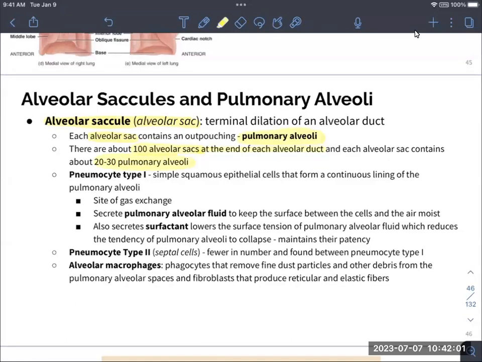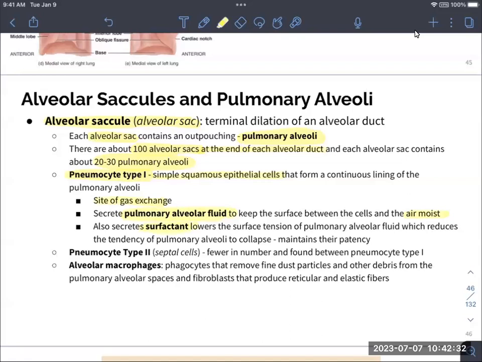We have different cells that line these different alveoli. We have pneumocyte type 1, which is a simple squamous epithelial cell. This is where our gas exchange happens at that pneumocyte type 1. They do secrete pulmonary alveolar fluid, and that's to keep those cells moist. They also secrete surfactant.